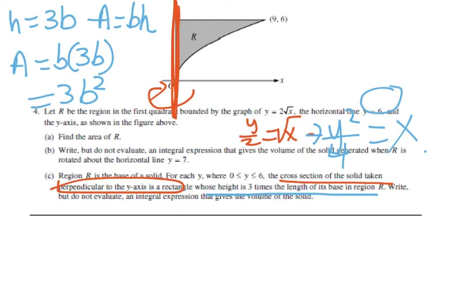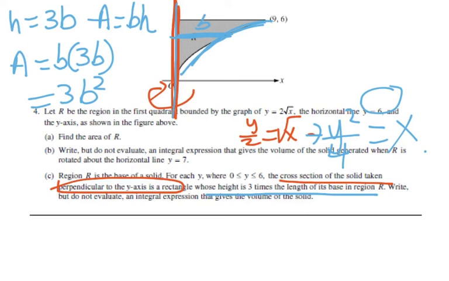If you turn the picture sideways a little bit, this is the base. It's from the curve to the y-axis. So think of this as a function minus the axis, which is 0.